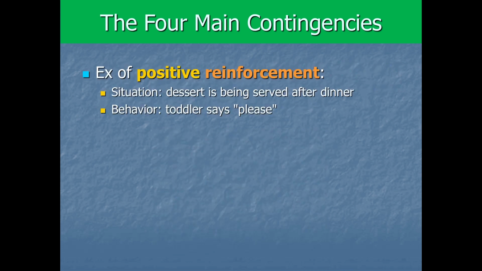Okay, so an example of positive reinforcement might come from teaching your little kid to be polite. The situation or the context would be, let's say, dessert being served after dinner. The behavior that the parent is targeting in their toddler, that they want to change, might be teaching the toddler to say please, right, to be more polite.